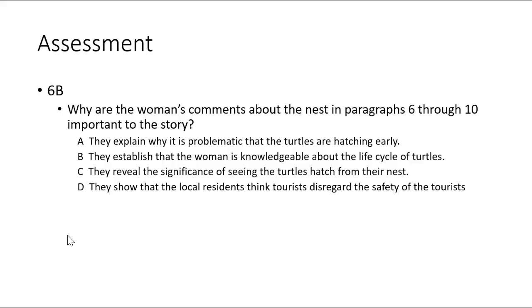Students also need probably practice in doing some of these things where they're only looking at specific paragraphs or specific sections so that they can do that. But you can see this is tied to the standard on dialect and conversational voice, but it's really about her comments. It doesn't necessarily go back to how she speaks or the voice she uses. It talks about what she says.